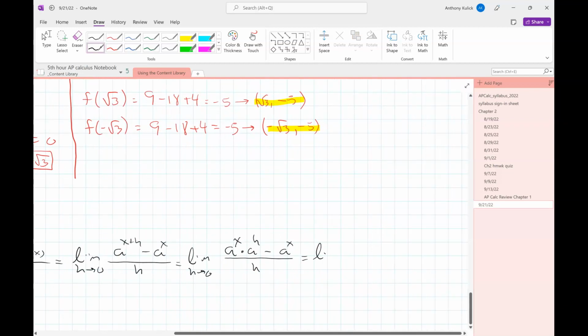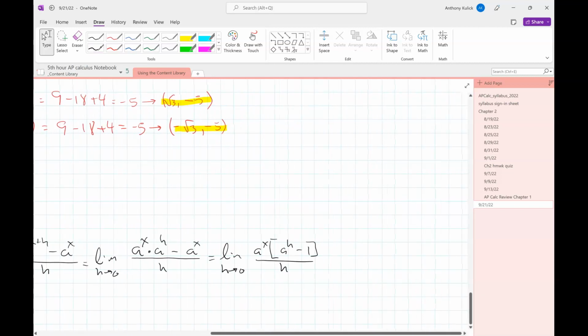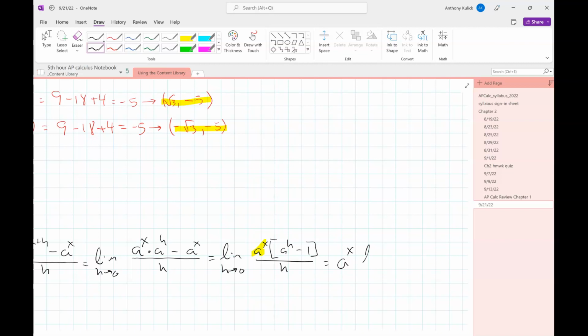Now I notice that I have a greatest common factor of a^x that I can factor out. Everybody's cool there? Notice that the limit that I'm taking is as h approaches 0. My a^x doesn't contain an h in it, so I can really just pull that out front.